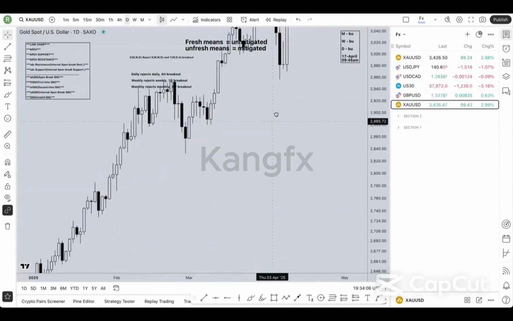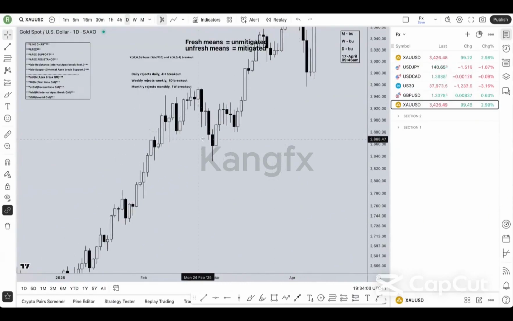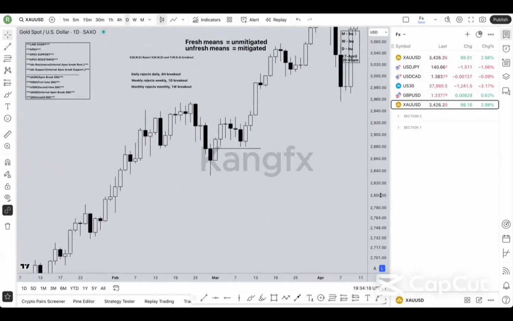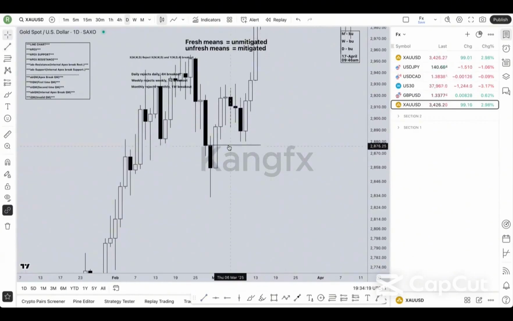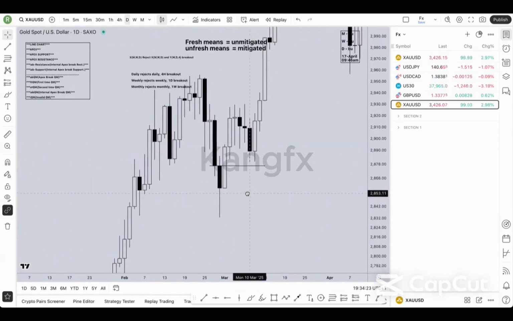If I look at this level here, I want to use here as my storyline. If I look at this key level, I'll see that this key level is still fresh. Why is it fresh? Because no wick has come below it. No wick has come below this key level. The key level is still fresh. Understand?